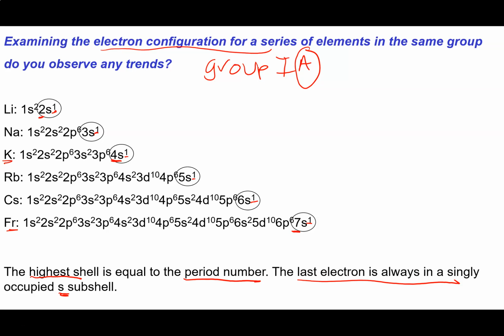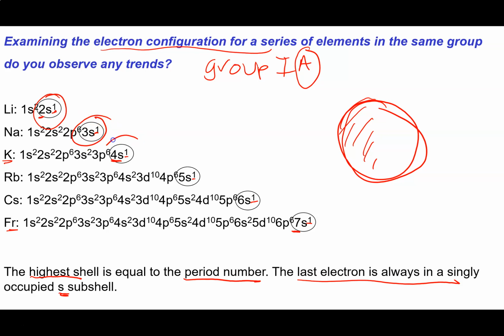So these all look the same, right? Because remember that s subshells are all spherical. So the last chemically interesting electron in every case here is in the same type of subshell, and their outer surfaces all look similar. So it's not surprising that all of the elements in this group behave chemically in a similar manner.